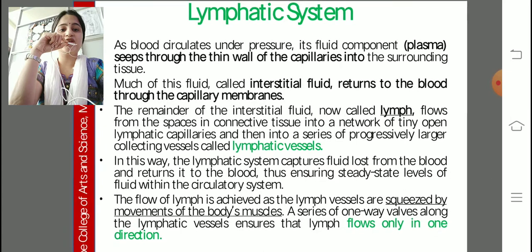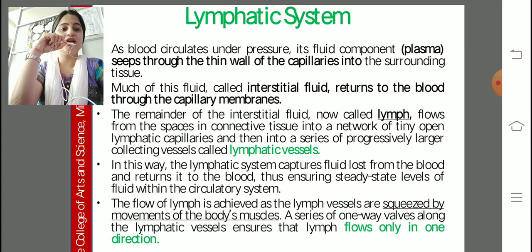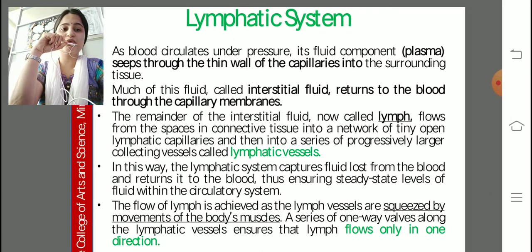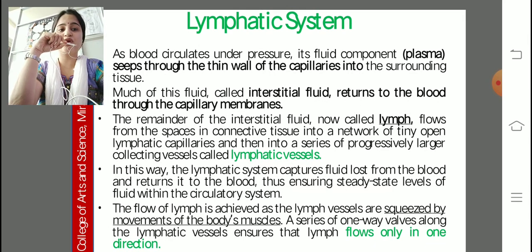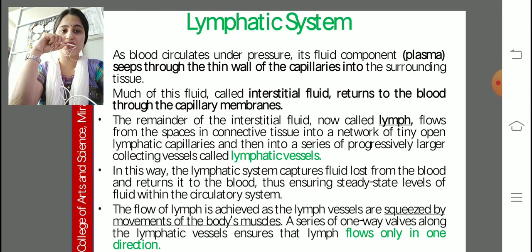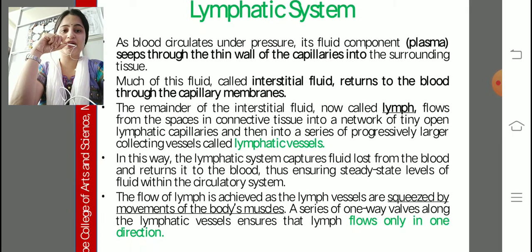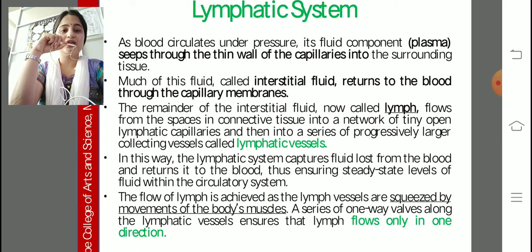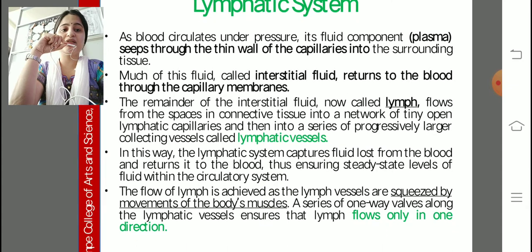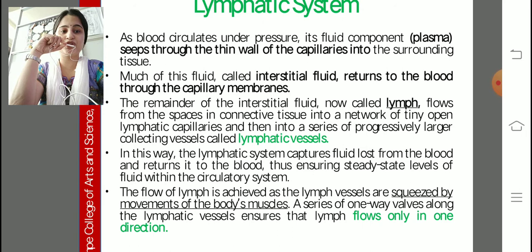The blood circulates under pressure, and its fluid component, the plasma, seeps through the thin walls of the capillaries into the surrounding tissues. Much of the fluid, called interstitial fluid, returns to the blood via capillary membranes, and the remainder, now called lymph, flows back into the spaces in the connective tissue.